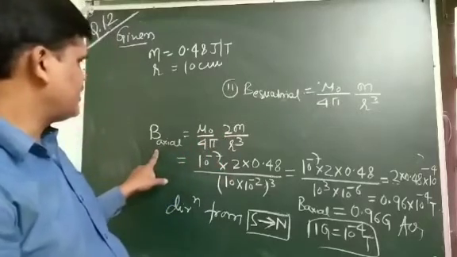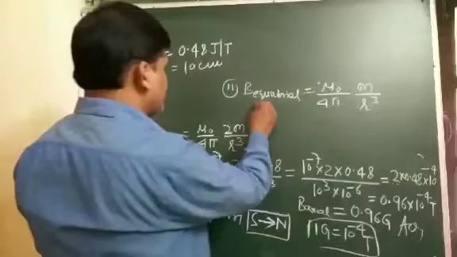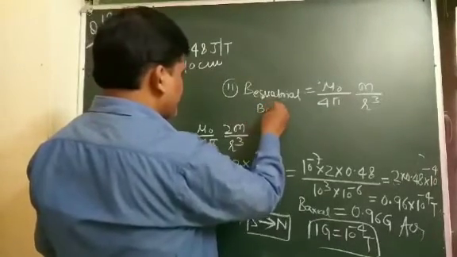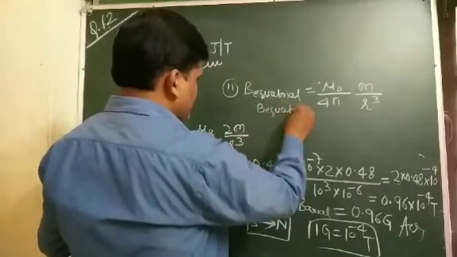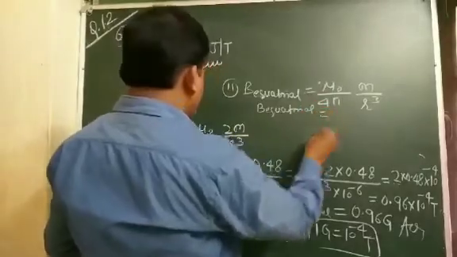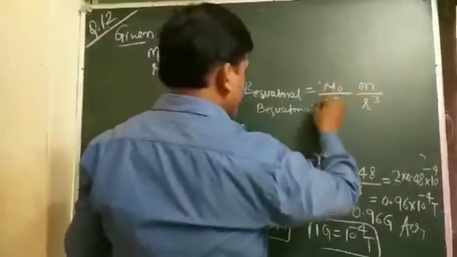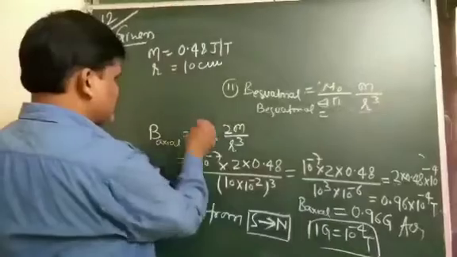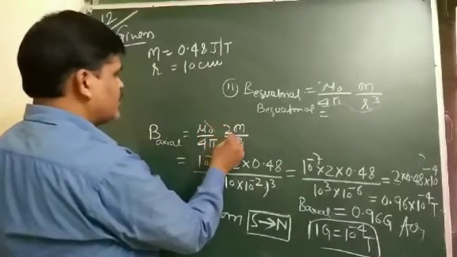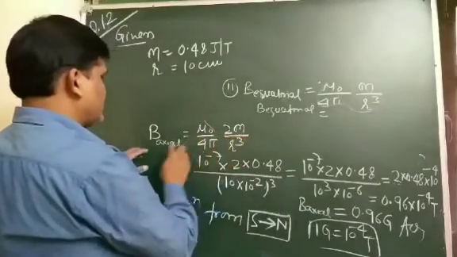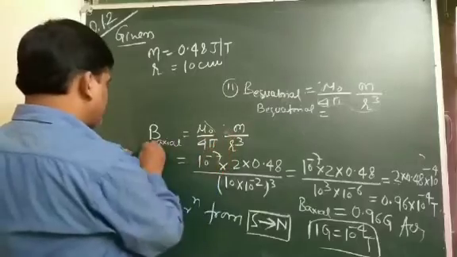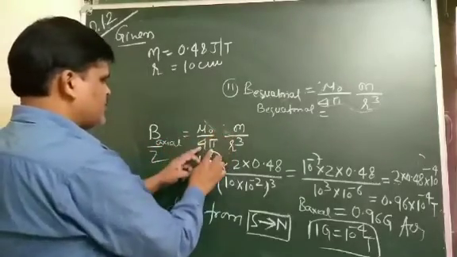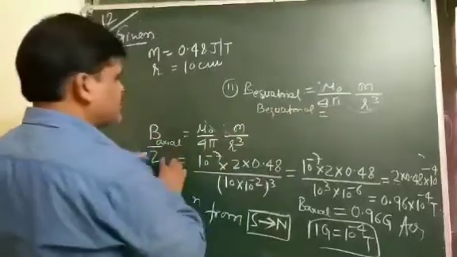If the 2 is here, so B equatorial can be written as, this value, mu naught by 4 pi M by R cube, is B axial by 2.